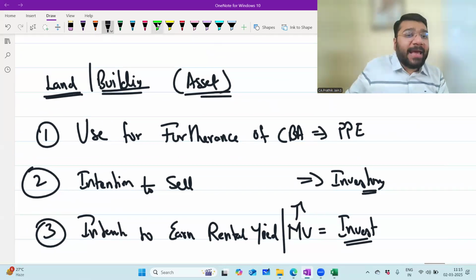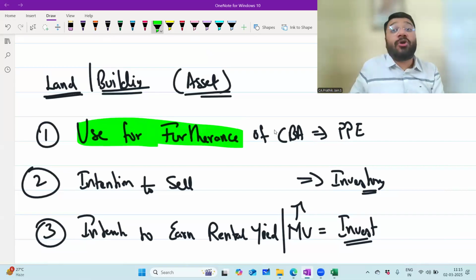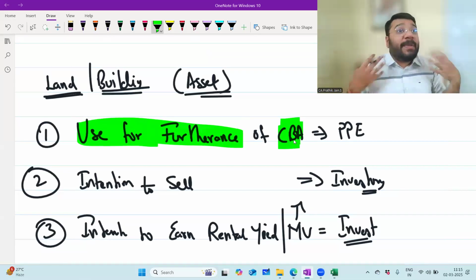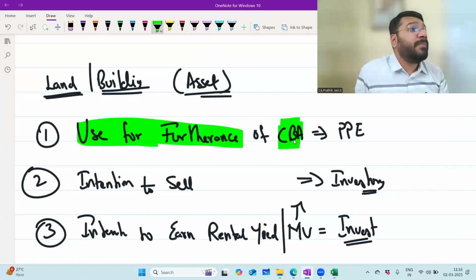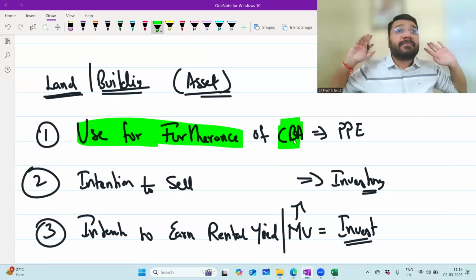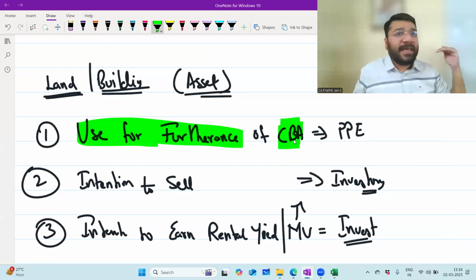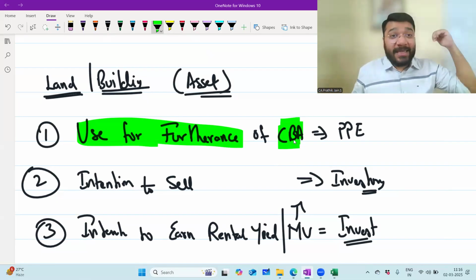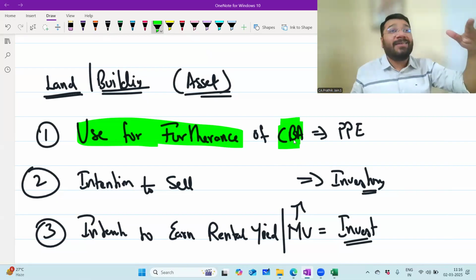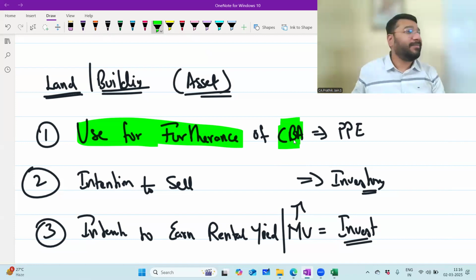If I buy any asset and I'm going to use that asset in the business for the furtherance of my core business operations, it helps me increase my revenue. It is my PPE. For example, let's suppose I'm buying this entire building, so that each floor hosts one course: CA Foundation, CA Inter, CA Final, 11th, 12th.